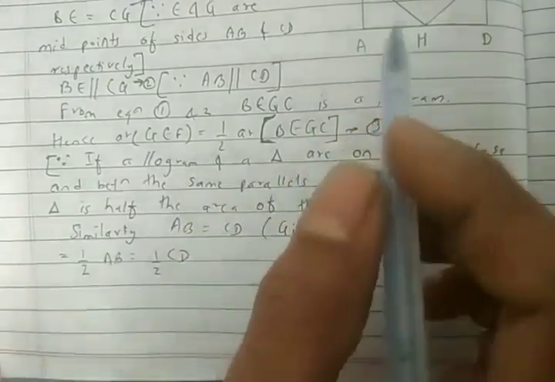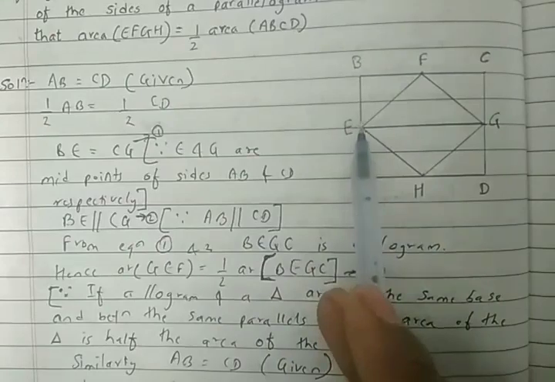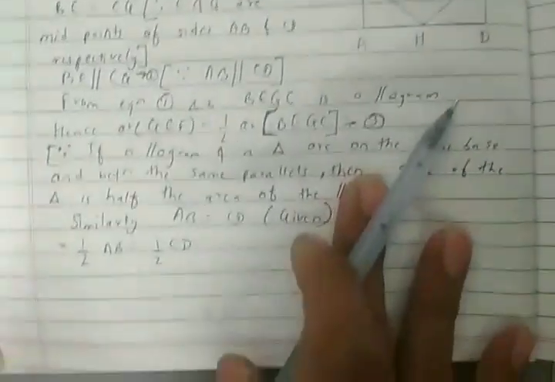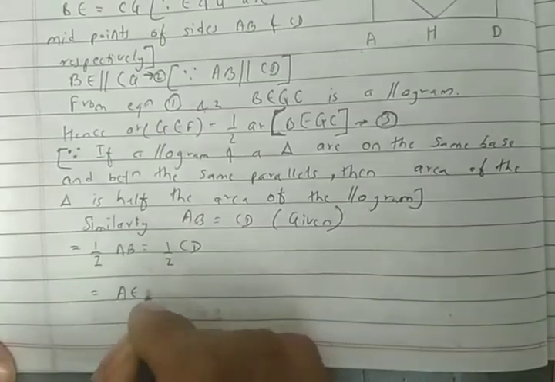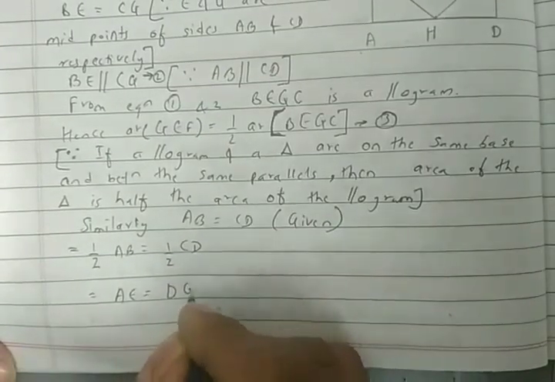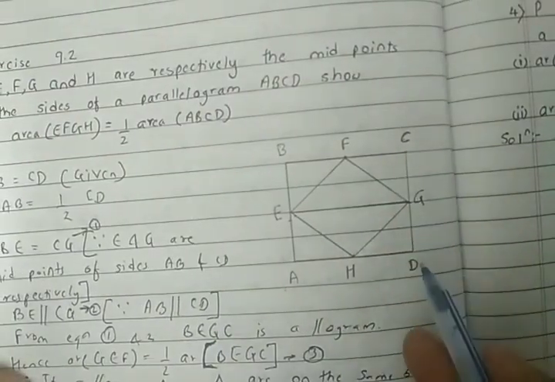So now half of AB will be, first we have taken BE, right? Now we will write EA or AE. This will be equal to AE equal to DG. Here we have already taken CG, so we will take here DG.